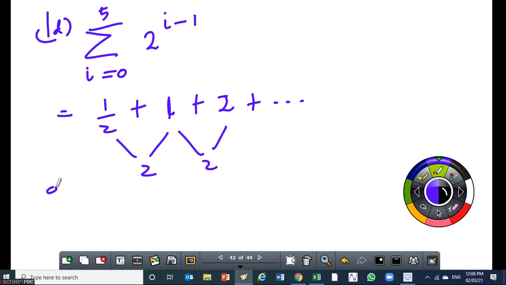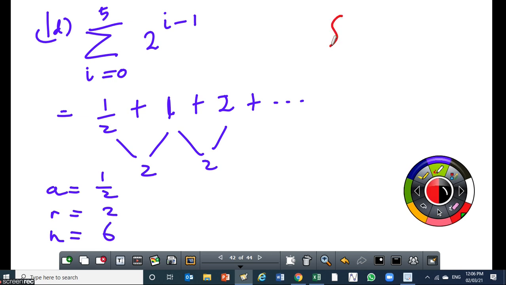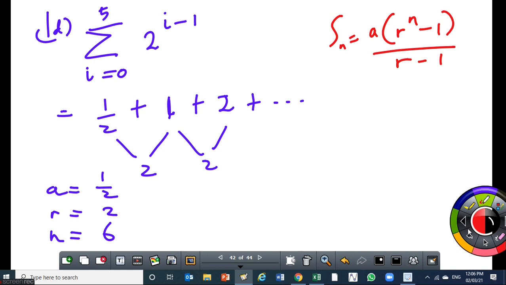So here, my first term is a half, my common ratio is 2, the number of terms, be careful now, the number of terms is not 5, it's what? 6, because we are starting from i equal to 0. Then we use this formula, Sn equal to a times r to the power of n minus 1 all over r minus 1.